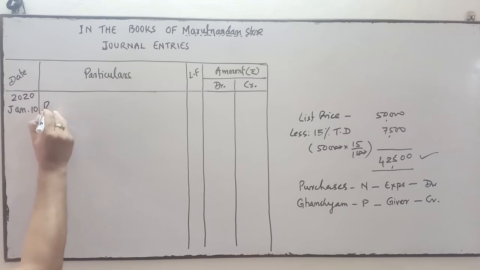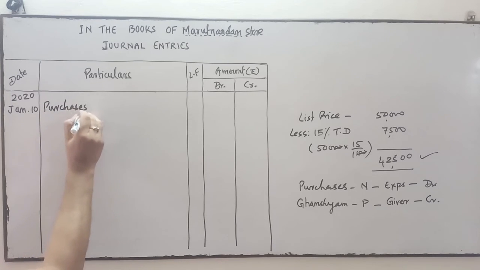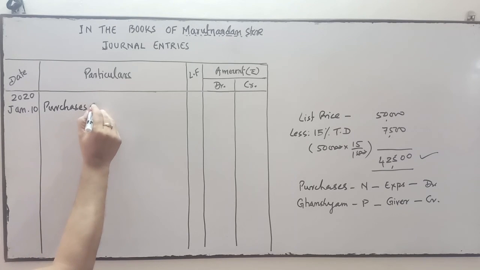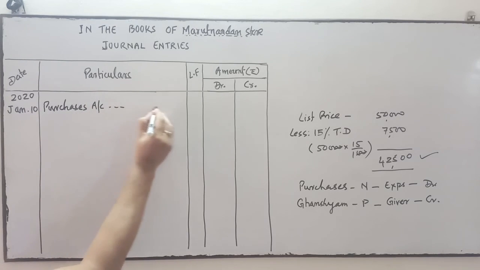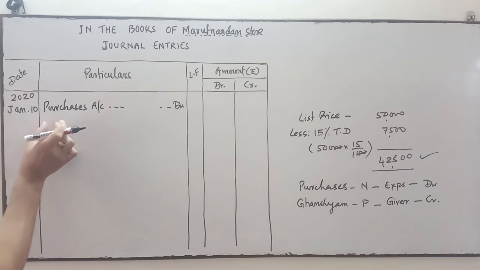So here we will start with the purchase. When we write the purchase, we write the word from here, no space. Purchase account, debit, and Ghanshyam is credit, so we will take the space over here.